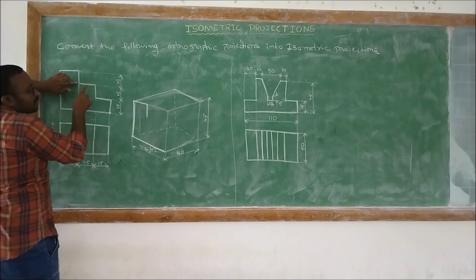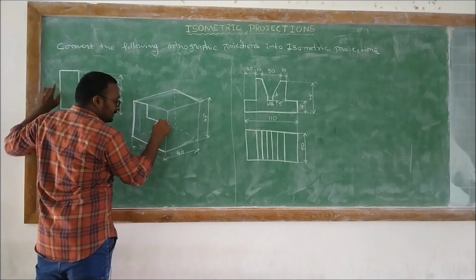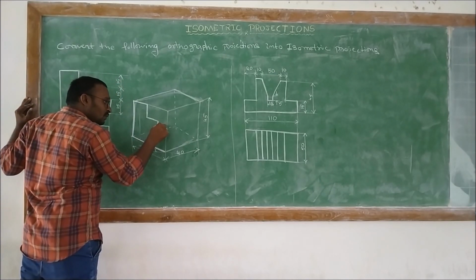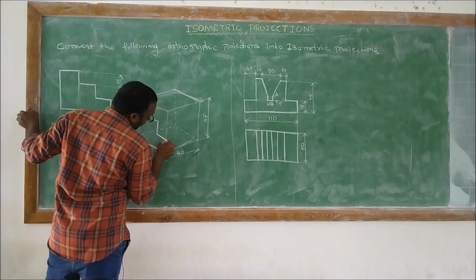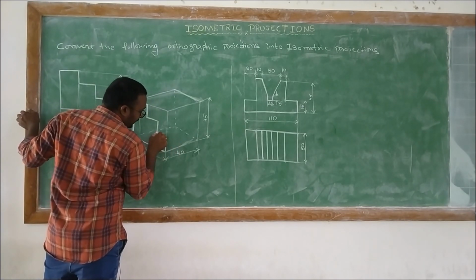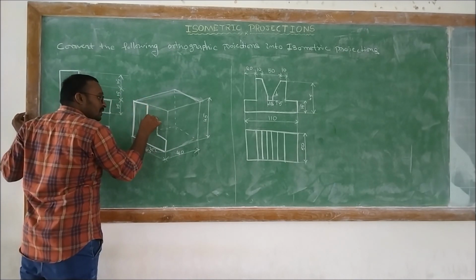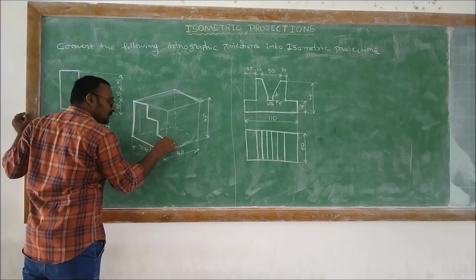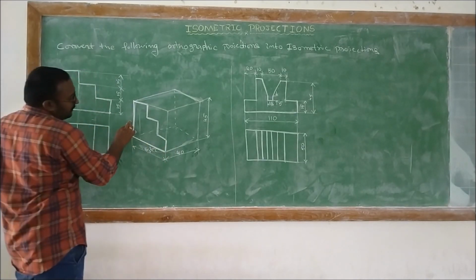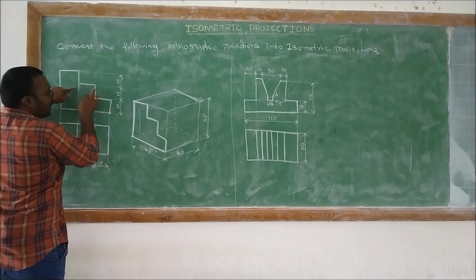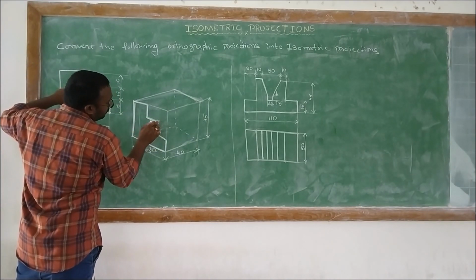Then here to here it is a horizontal line, then again a horizontal line, then again a vertical line, then again a horizontal line, and again a vertical line. So this is the conversion of that front view, right? Vertical lines will always be vertical, and the horizontal lines must be inclined at an angle of 30 degrees to the ground.